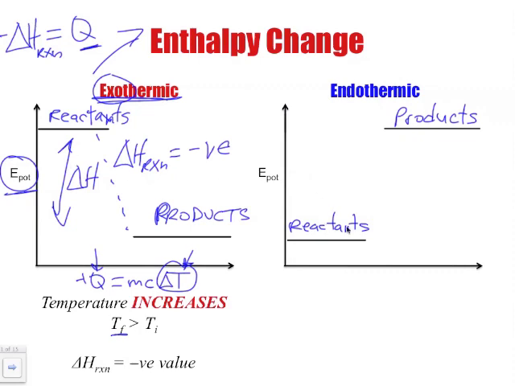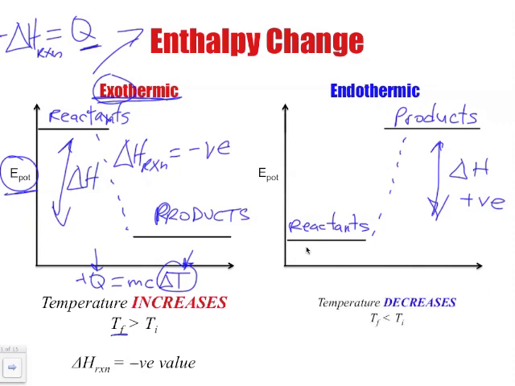So all of a sudden, this change in enthalpy is going to be a positive value because the energy is being absorbed within this reaction. How can you tell if the enthalpy change is going to give us a positive value?